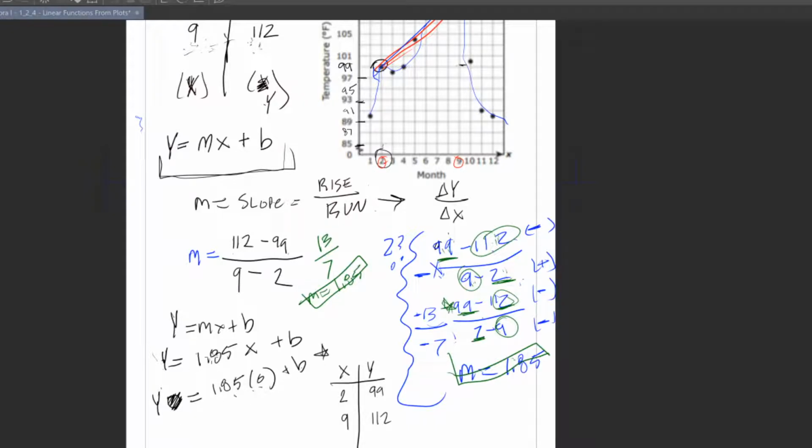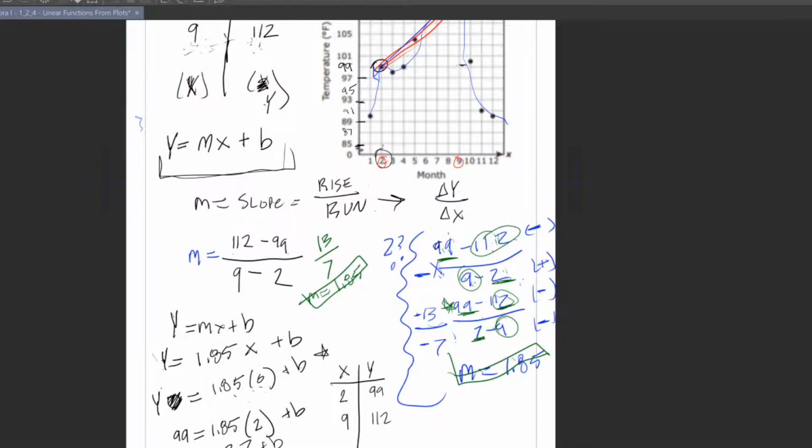So if we plug that into this equation, we know 99 equals 1.85, plug in x, 2 plus b. So we solve for b and we get 1.85 times 2 gives us 3.7 here, plus b equals 99.